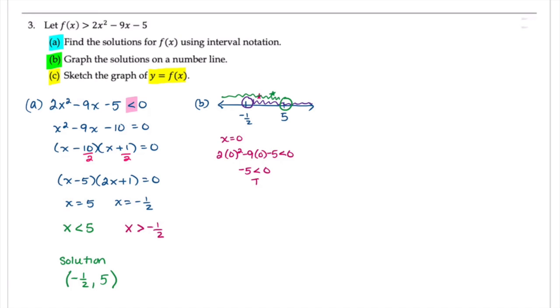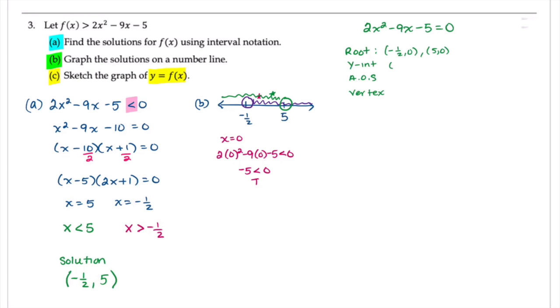Part C wants us to sketch the graph of y equals f of x, which means that I am changing that function from an inequality to a regular parabola, an equal to. So in order for us to graph that, we will need the key features. Roots we already have. We have them at -1/2, 0, and 5, 0.